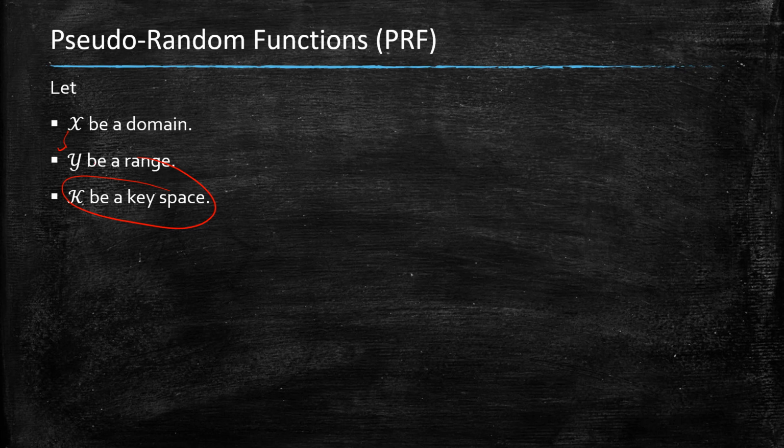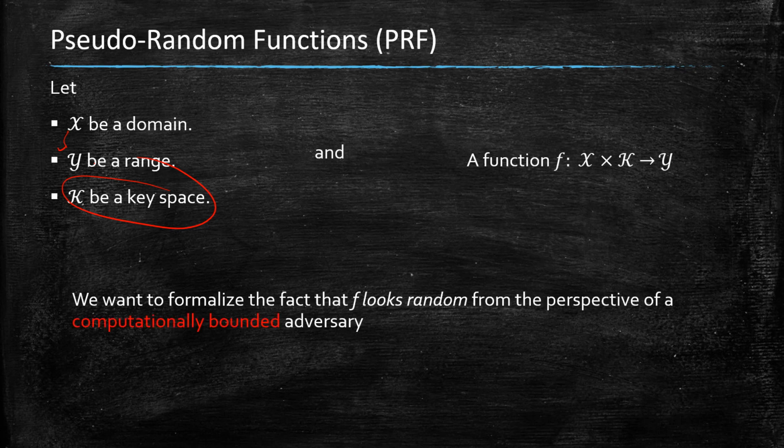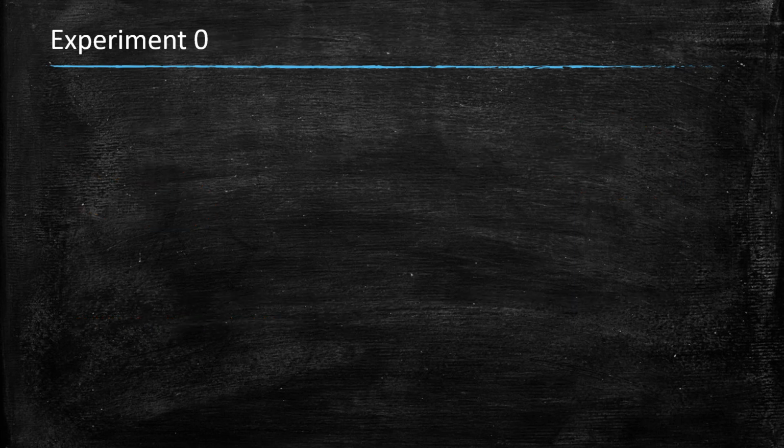And we want to define what it means for a pseudo-random function to look random. Informally, it means that given a computationally bounded adversary, that adversary must not be able to distinguish evaluations of that function for a random choice of the key from evaluations of a random function taken in the space of functions from X to Y.